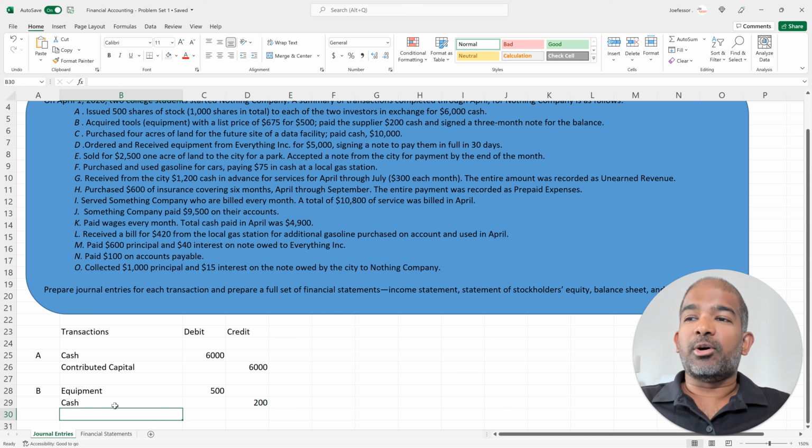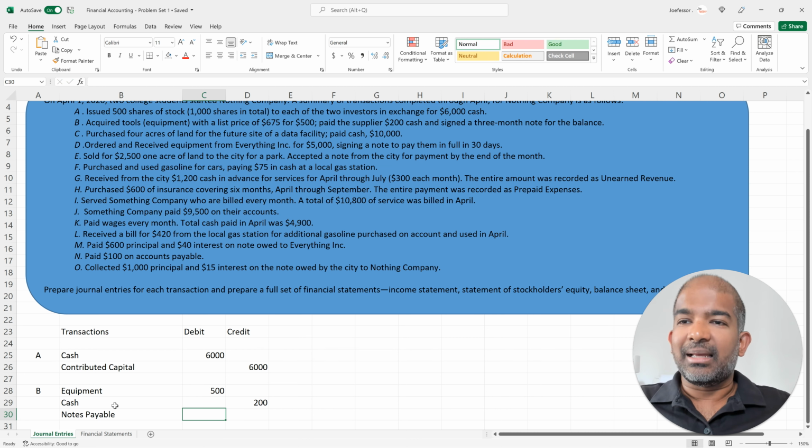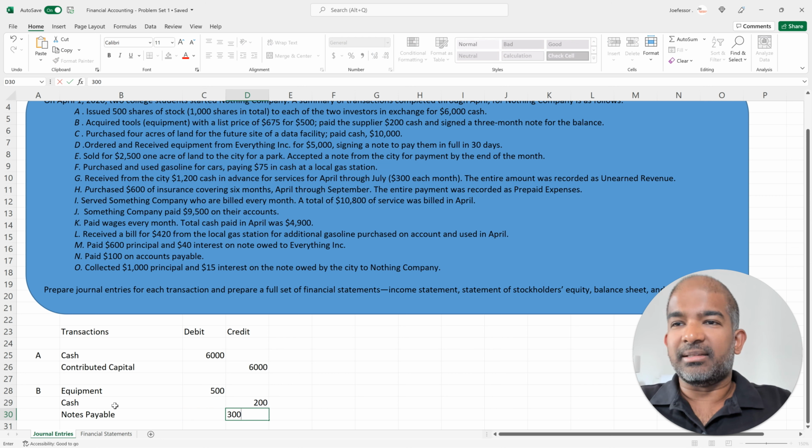I'm also signing a 3-month note, promising to pay my supplier that I will pay my $300 later. So that becomes a notes payable, which is a liability, and hence it's being credited.